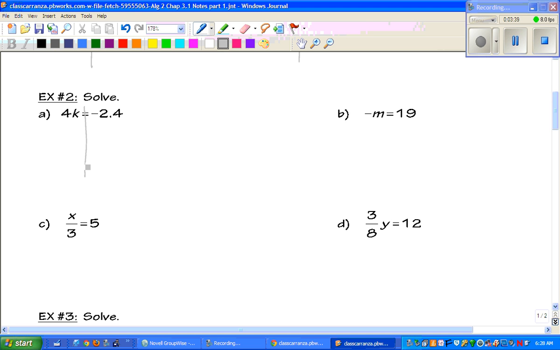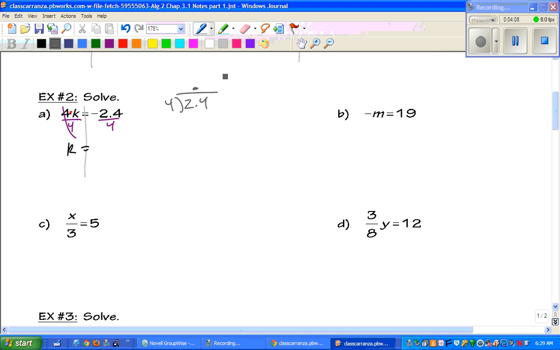All right. Example number 2, we're working with multiplication and division. Remember, between the 4 and the k is multiplication. The inverse of multiplication is division. So we get k equals, so we got to do a little bit of side work over here. We need to do 2.4 divided by 4.